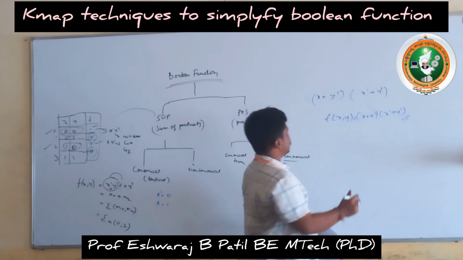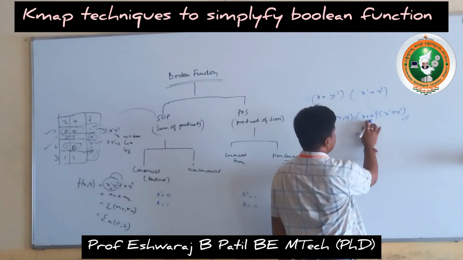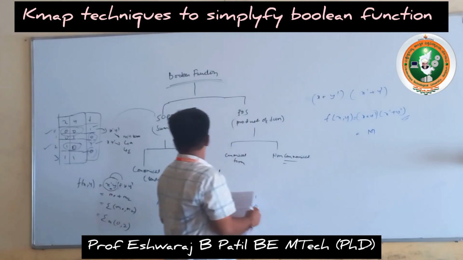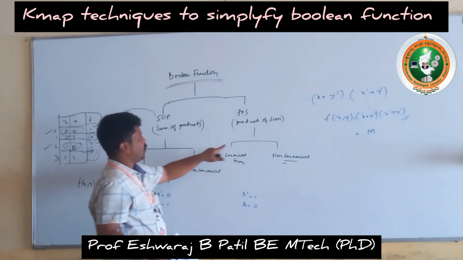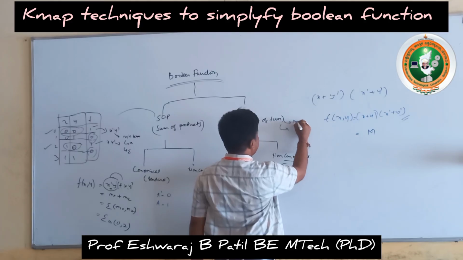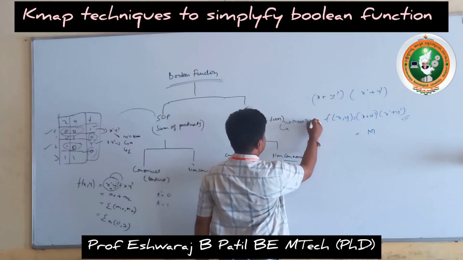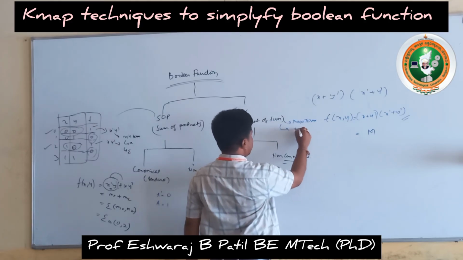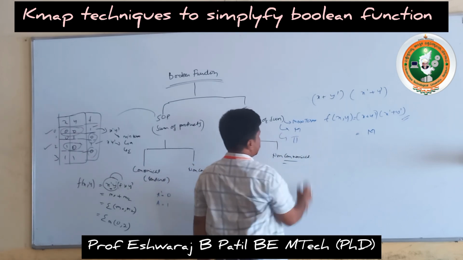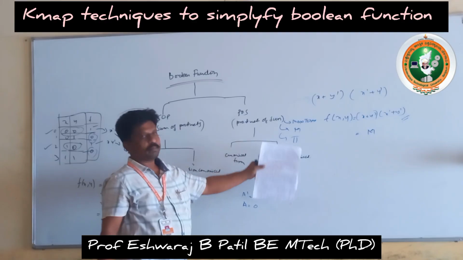If you write this one, x plus y dash is the capital M. We already told you that here we are using the small m, but here we will be using the capital M. These terms are called the max terms, and also POS symbolically we will be using the pi form.